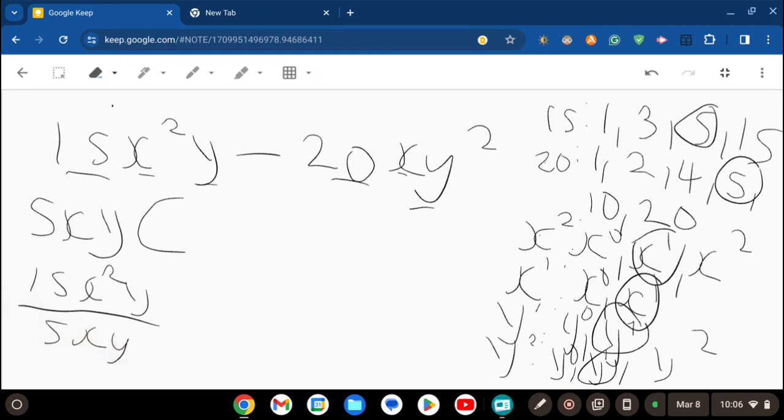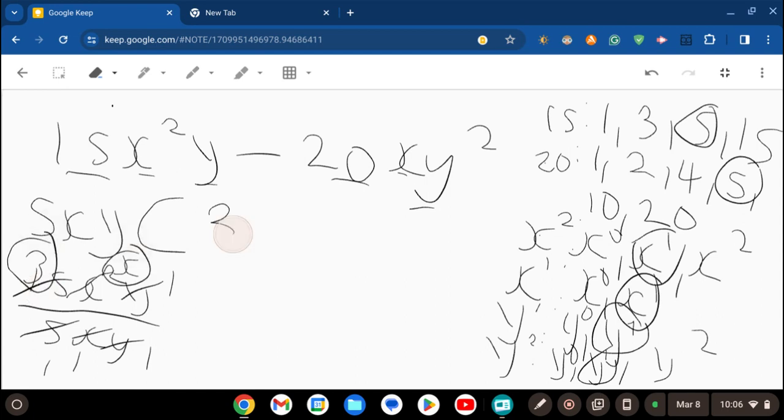So 5 goes into itself 1, and 5 goes into 15 3 times. x goes into x squared x times, and y goes into itself once. So if we look, we're just left with 3x here.